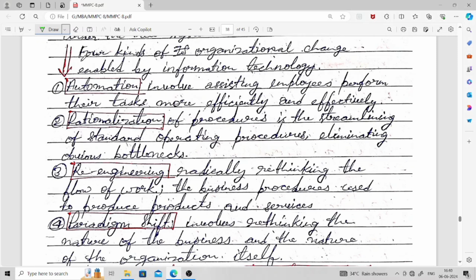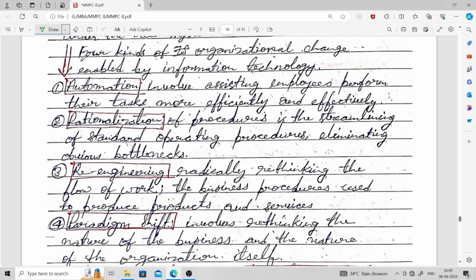The third kind of organizational change enabled by information technology is re-engineering. Re-engineering is radically rethinking the flow of work and the business procedures used to produce products and services.